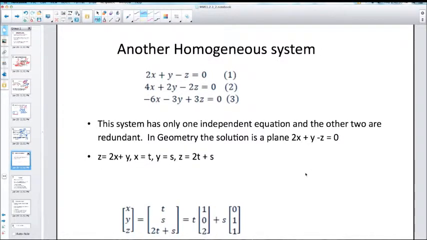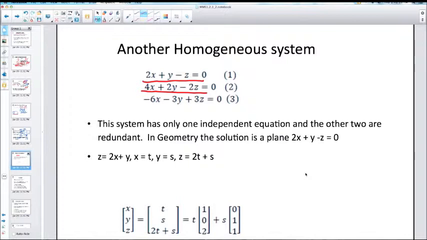The next system, let's check carefully. The first equation, 2x plus y minus z equals 0. And the second one really is twice the first one. If you multiply 2 to the first one, you get the second one.